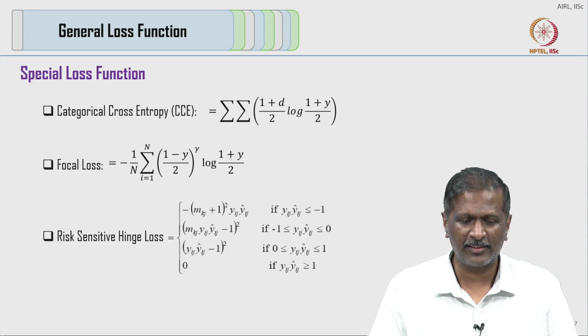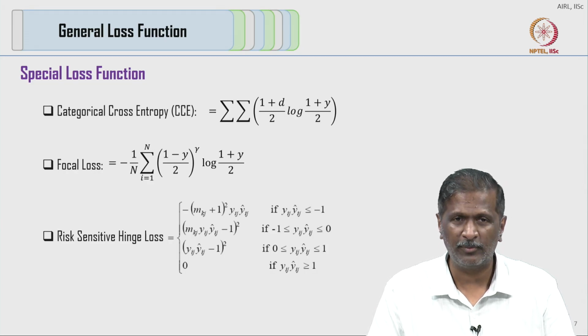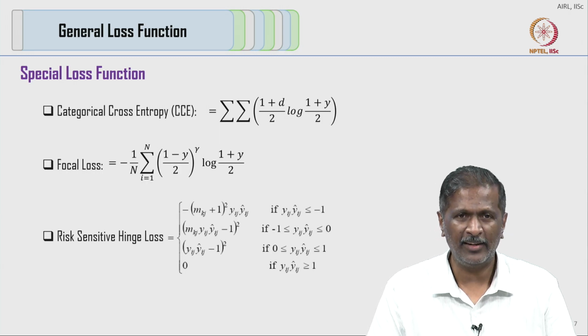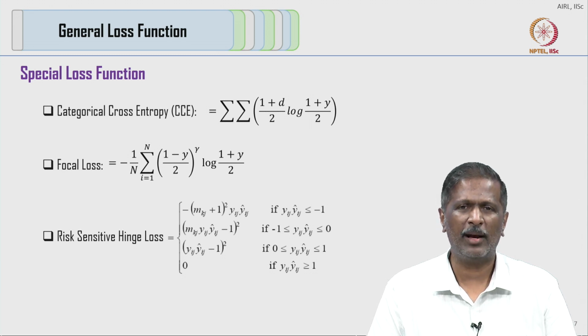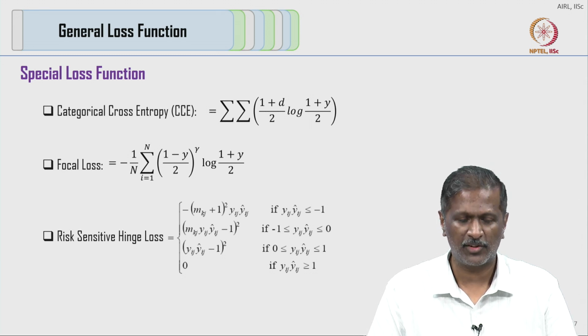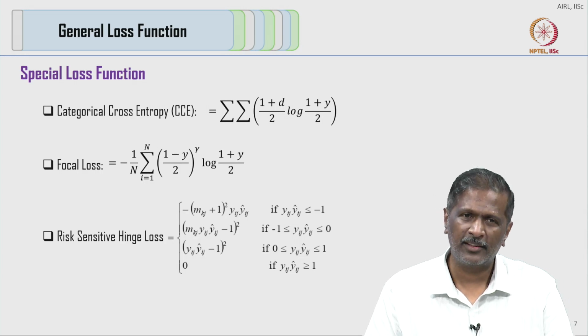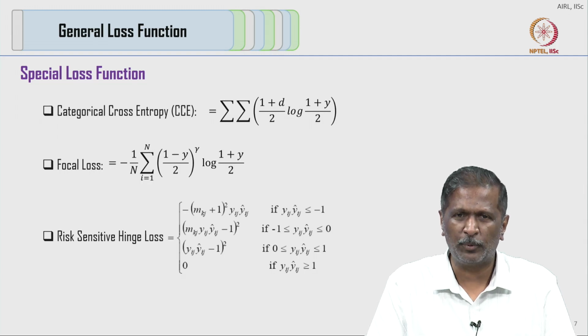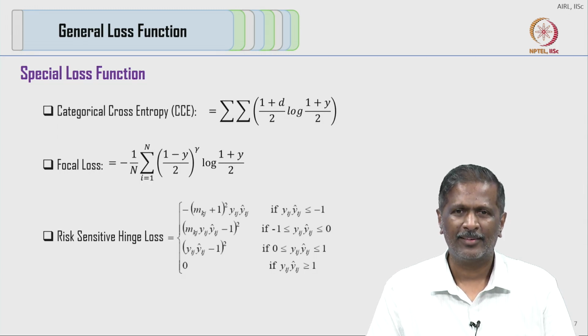The focal loss is 1 minus y by 2, where y is the predicted output, to the power gamma, times log of 1 plus y by 2. Here, if you see, I am not using the true value; I am trying to maximize the prediction. Or I can go with the risk sensitive hinge loss function, where for different portions of error, the losses are different.